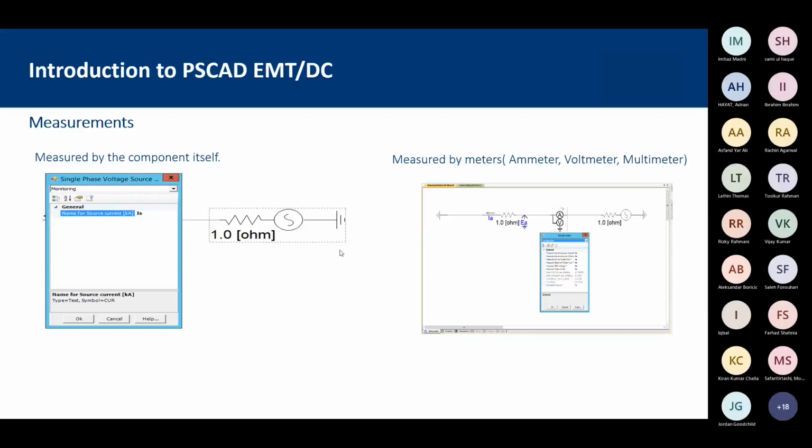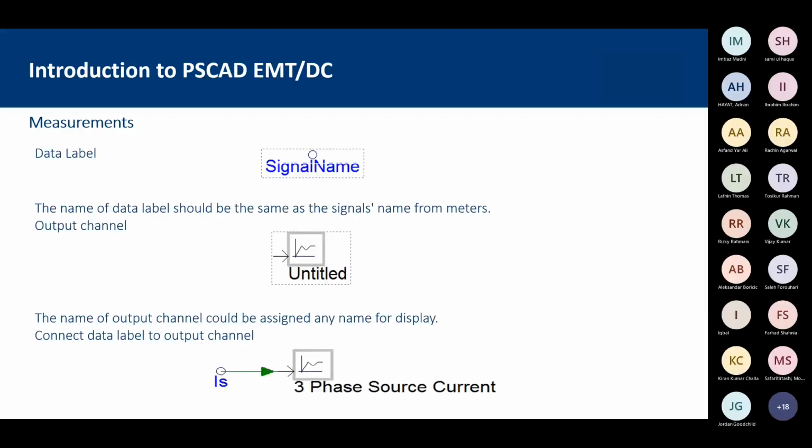One very interesting thing with PSCAD is that it uses signals instead of physical connections. You can just use signal names, which means you don't need to connect two systems physically by building lines and connecting them.